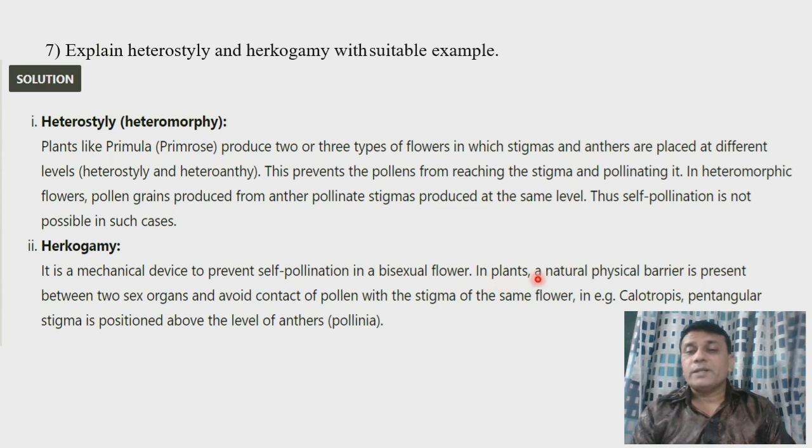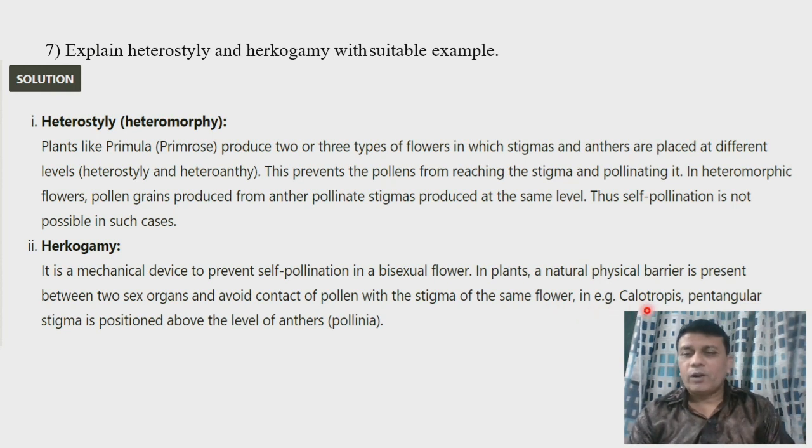So in plants, a natural physical barrier is present between two sex organs to avoid contact of pollen with stigma of the same flower. So in some bisexual flower, an obstacle is created between male and female reproductive organs so that self pollination does not occur.